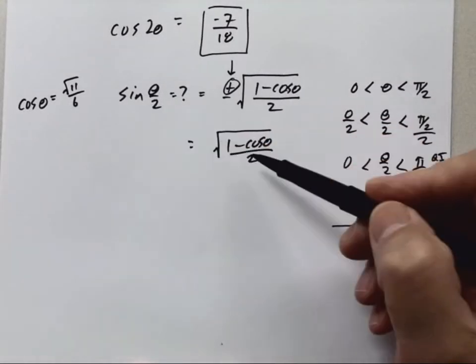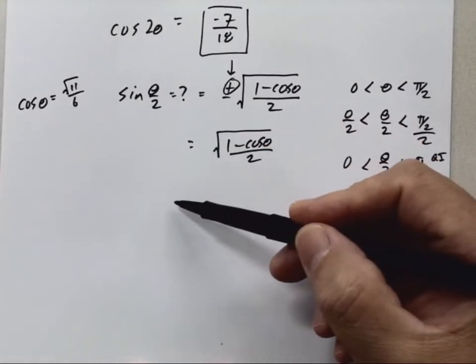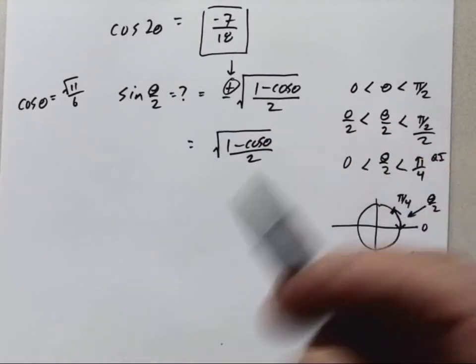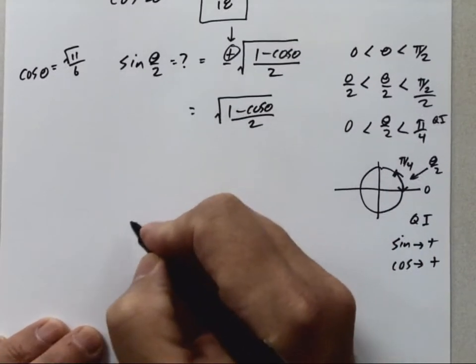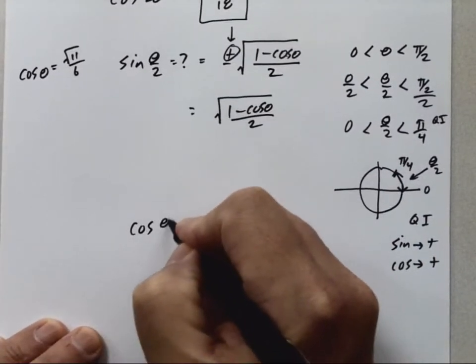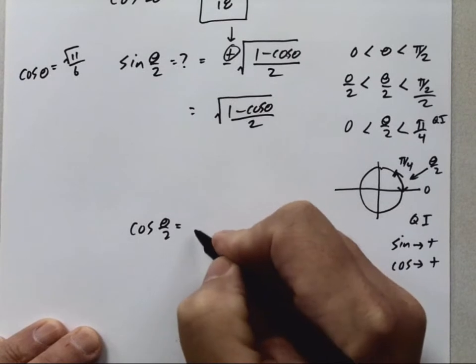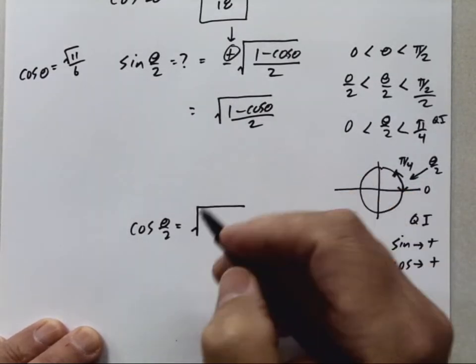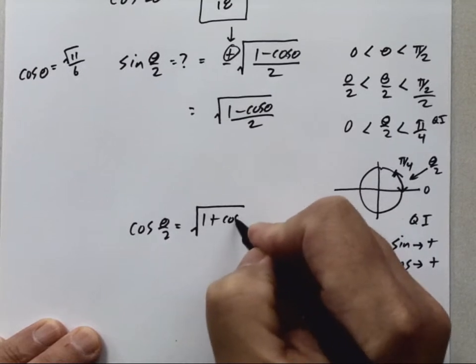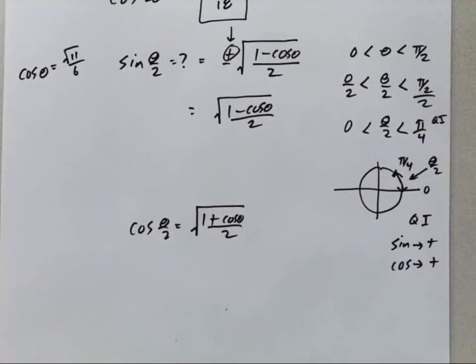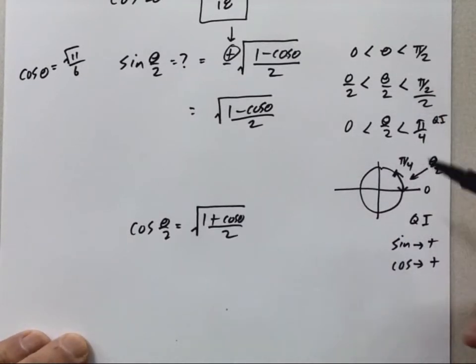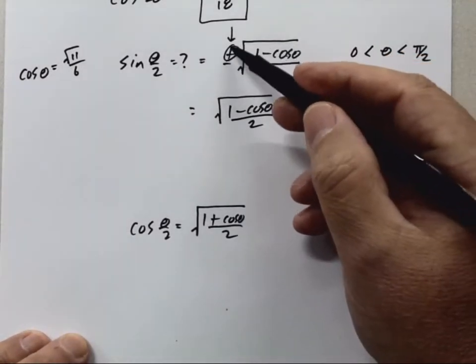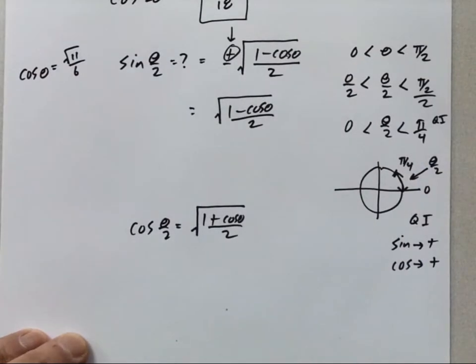So I'm going to do this one, and in a minute, we'll do the cosine of theta over 2, and when we do the cosine of theta over 2, it's also going to be positive. And that equation is going to be the square root of 1 plus cosine of theta over 2. So this right here helps me figure out whether it's plus or minus.